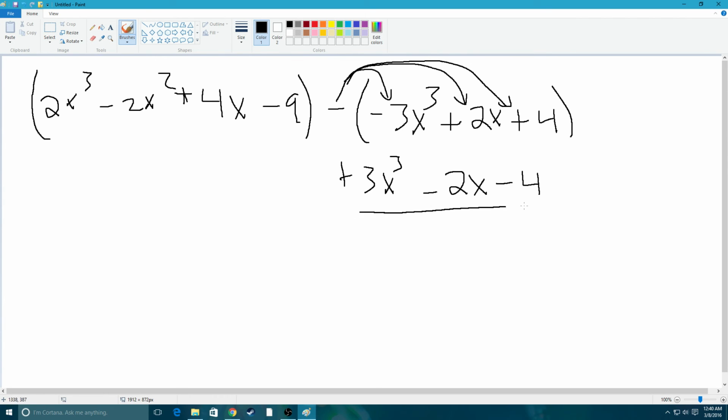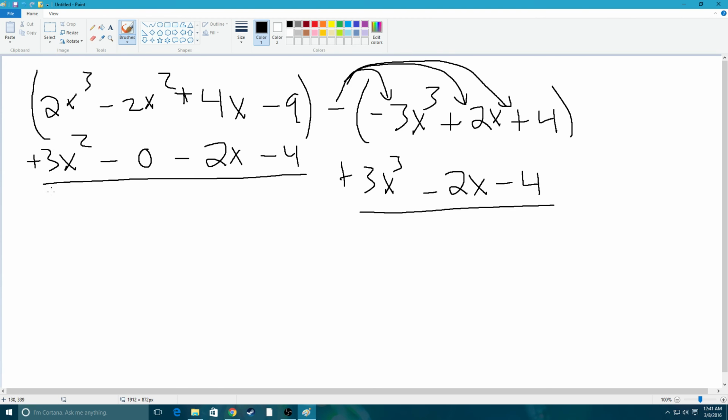Now I'm going to take these and move them over so I can add like terms. So 3x to the third, it's positive, minus, there's no x squared, so I'm just going to put a 0 there as a placeholder, minus 2x, minus 4.